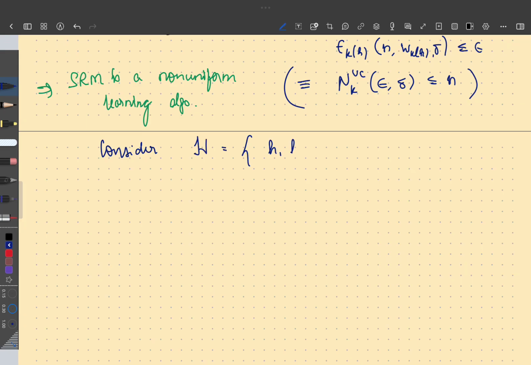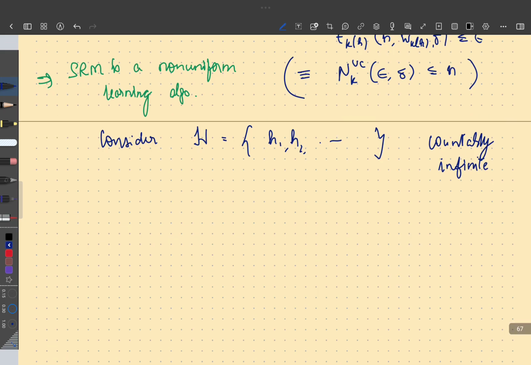So there are H1, H2 and so on. There are countably infinitely many such predictors in my hypothesis class. Of course, I'm implicitly assuming that the hypothesis class has infinite VC dimension, right?